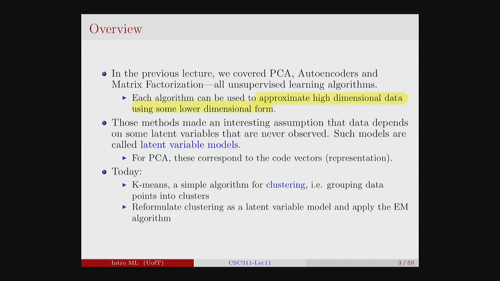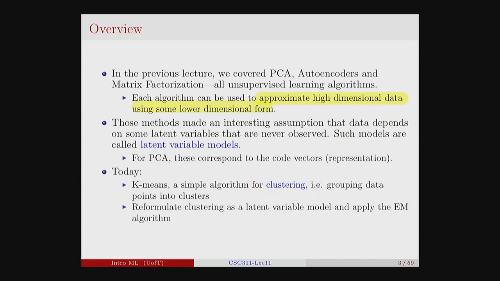These approaches made an interesting assumption that data depended on some latent variables that are never observed. In the context of matrix factorization, those latent variables for the movie case could be things like the genre of the movie, how much action it had. We never directly observed those, but what we wanted were machine learning models that could automatically infer that from the observations that we had, which in the case of matrix factorization were the ratings that each user gave to each movie.